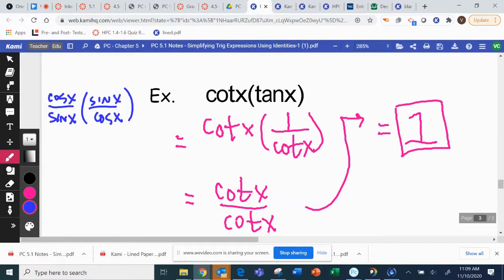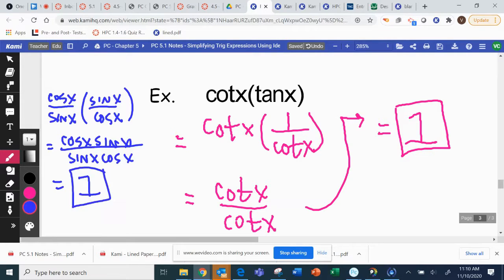So if we do that, we'll have cosine x sine x over sine x cosine x, which is 1. Same exact answer, totally different direction.